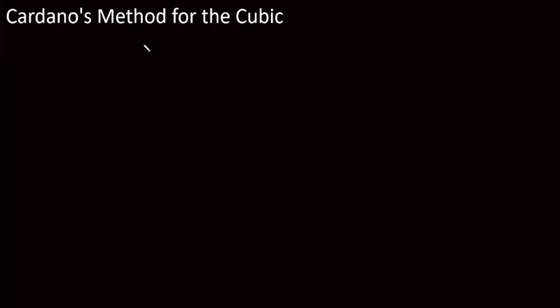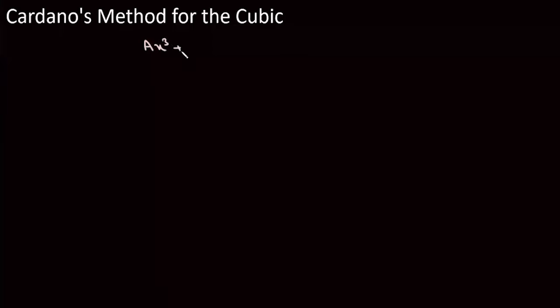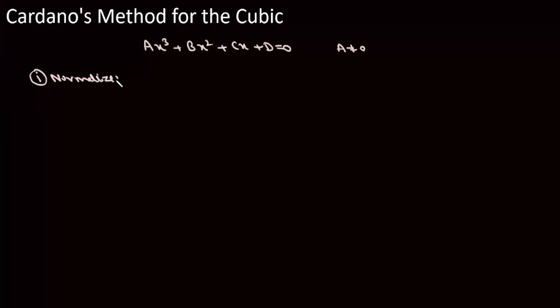So we have a cubic equation, which is ax cubed plus bx squared plus cx plus d equals 0, where a is unequal to 0. Now the first step is to normalize. So what we'll do is, we'll divide everything by a and make a cubic equation with leading coefficient 1.